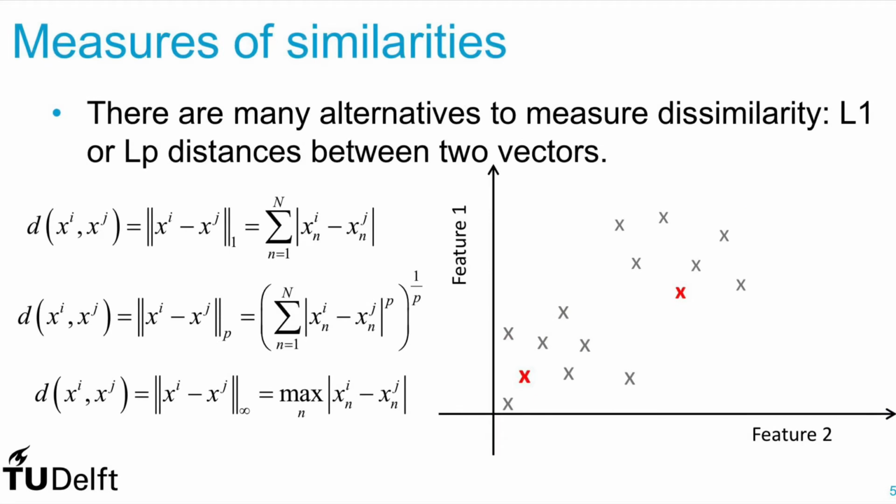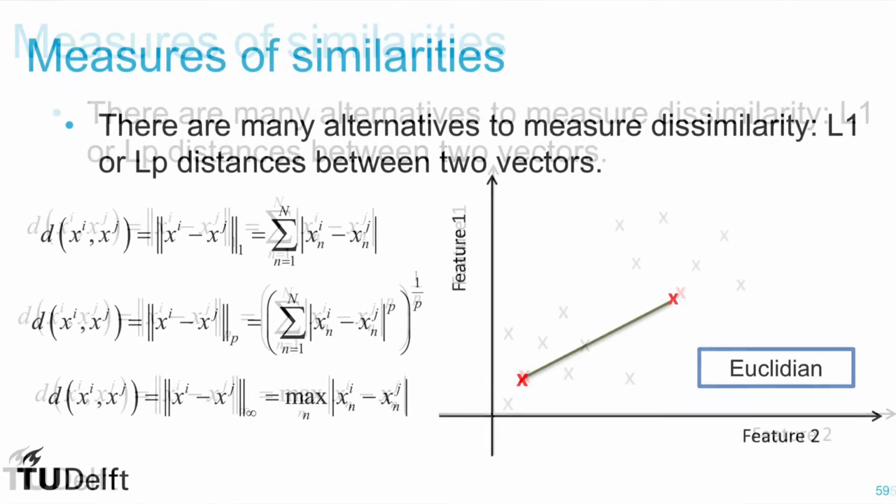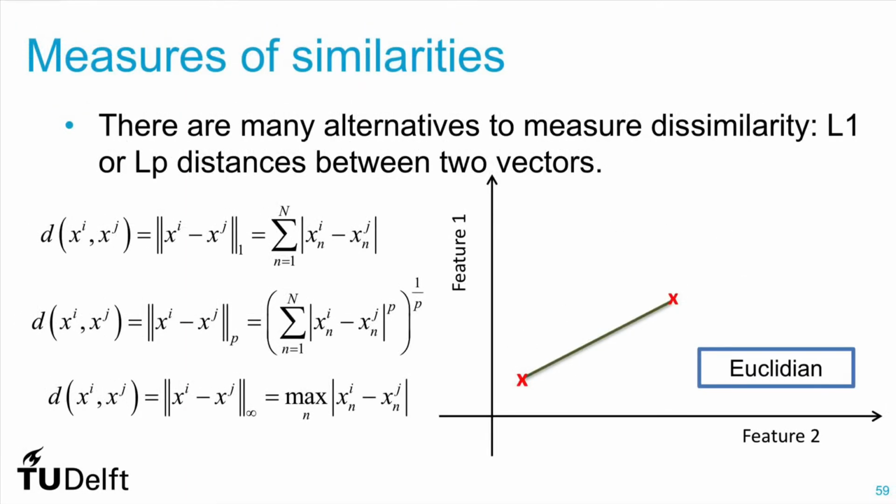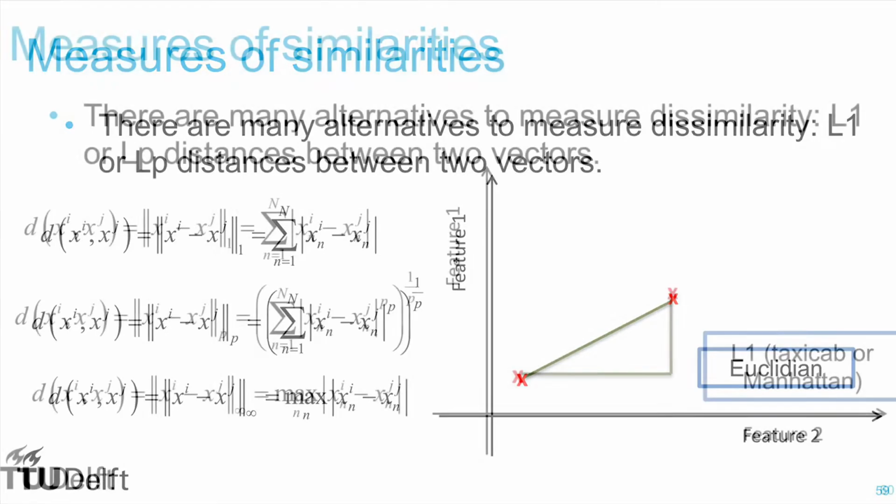In the literature, you might also find other options to measure dissimilarity. For instance, the L1 or LP norms and L infinity. Those are all different measures of distance that will lead to different characteristics of the analysis. So let's take those two red dots as an example. The Euclidean distance is represented by that green line.